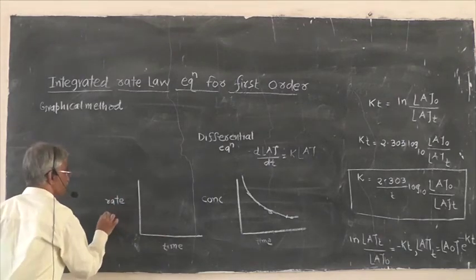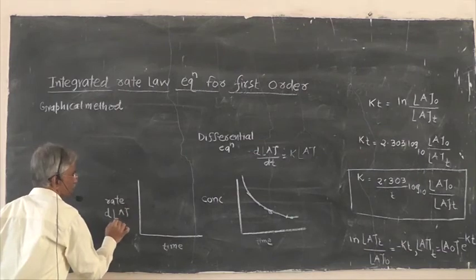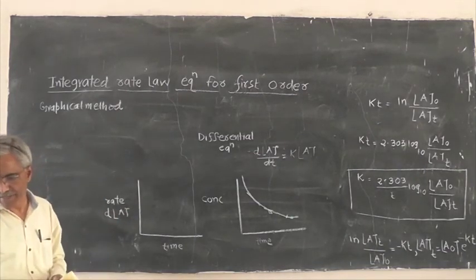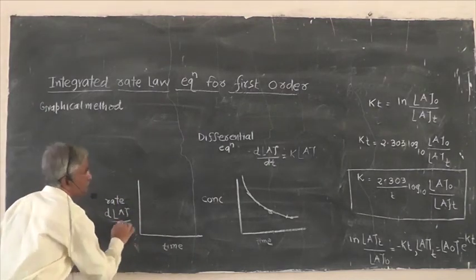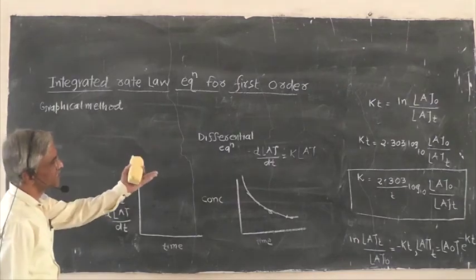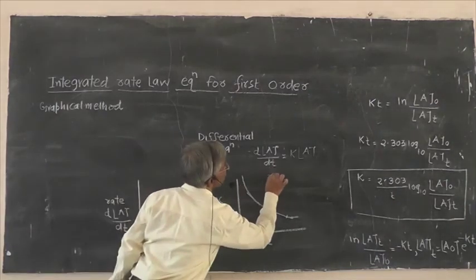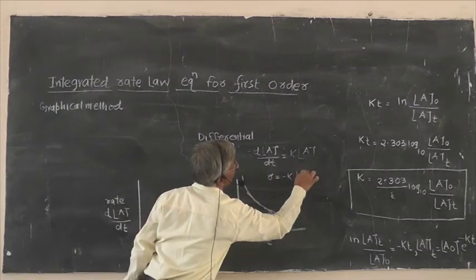Here the rate will be the rate of change of concentration dA upon dt. Now, as the rate is directly proportional to A, this equation can be written as rate equal to minus kA.